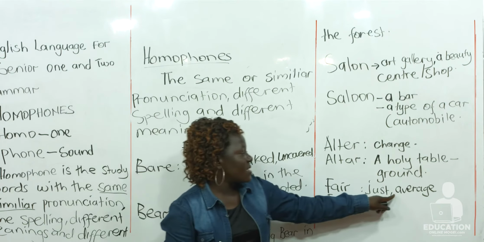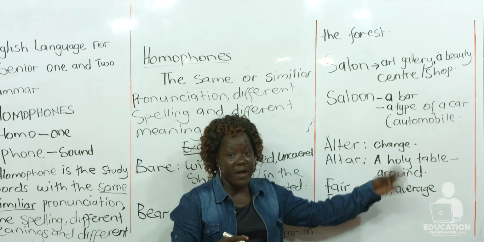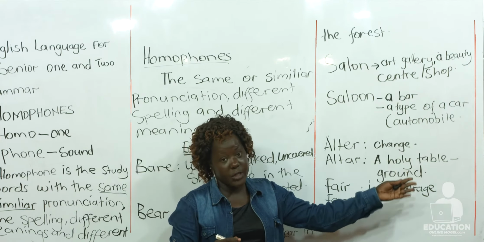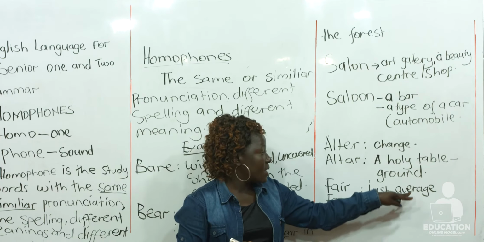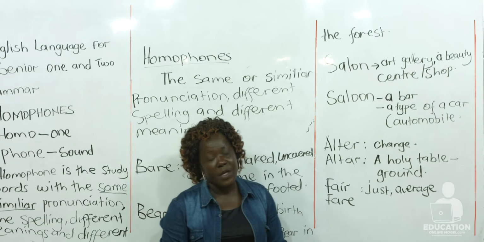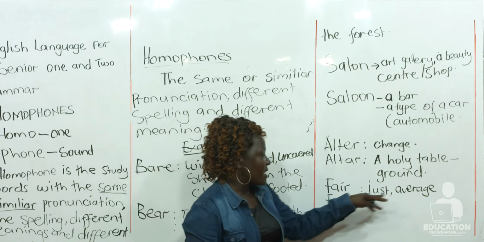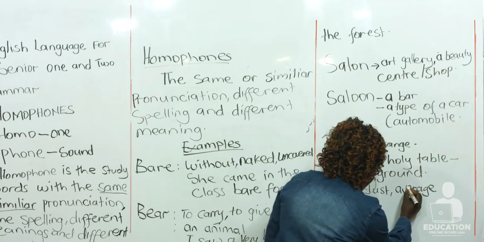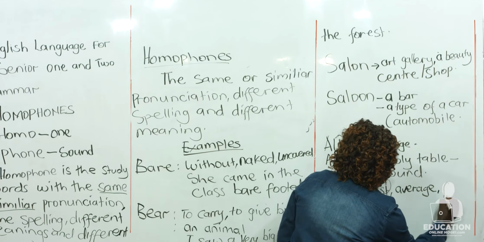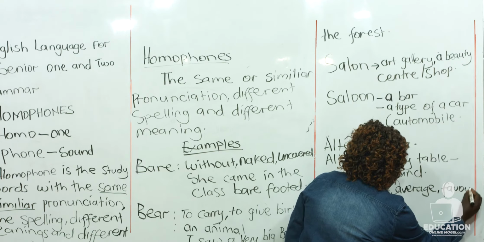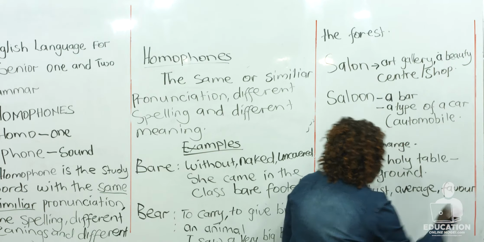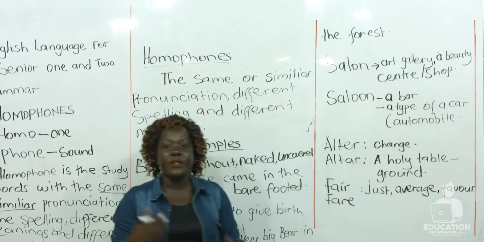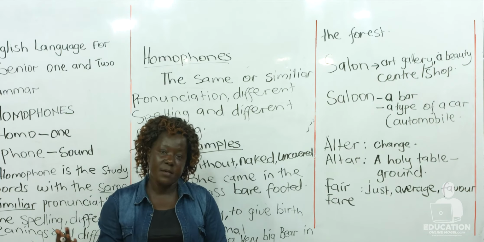It means it is not very bad, but average. Go and do correction so that you get excellent. So this one means just, average, or favor. You can say, be fair to me, favor me.